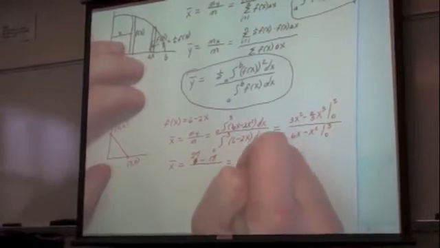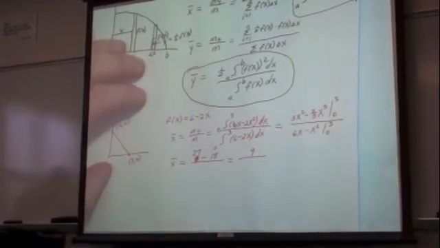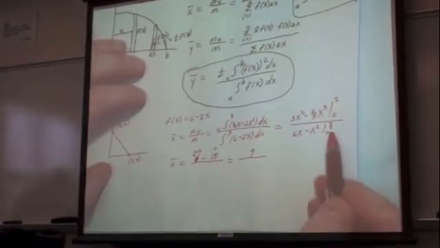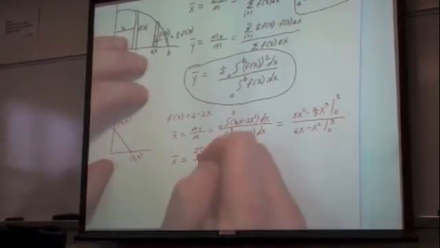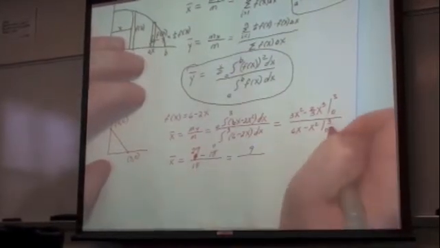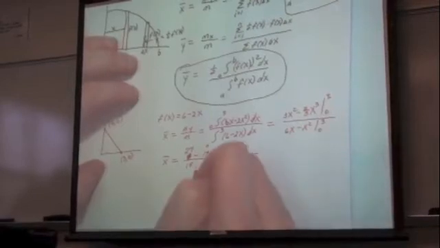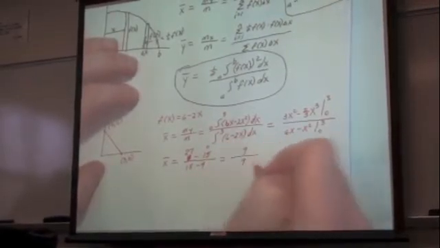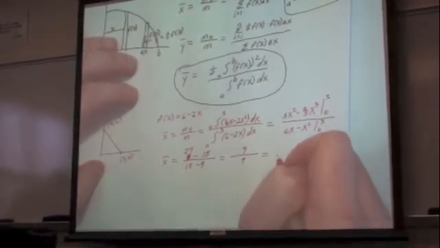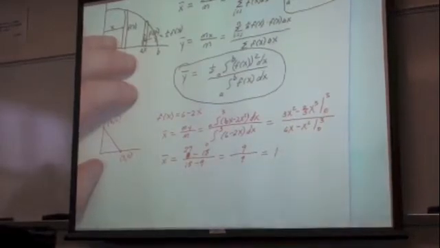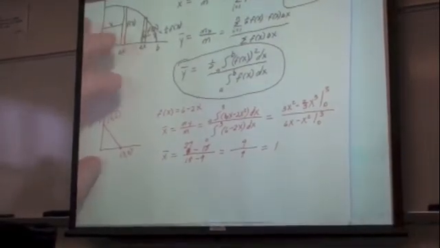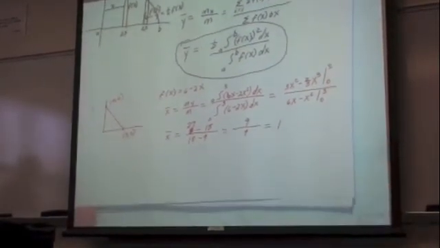So the numerator is going to be 9. My denominator, I'll get 6 times 3 is 18, minus 3 squared is 9, so 18 minus 9 is 9. The average x value, 9 over 9, 1. Okay. So I already know that the x value of the center of mass is 1.